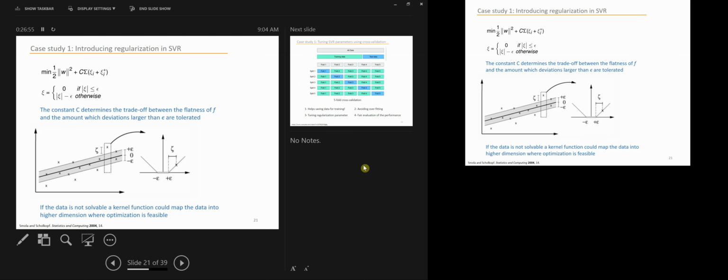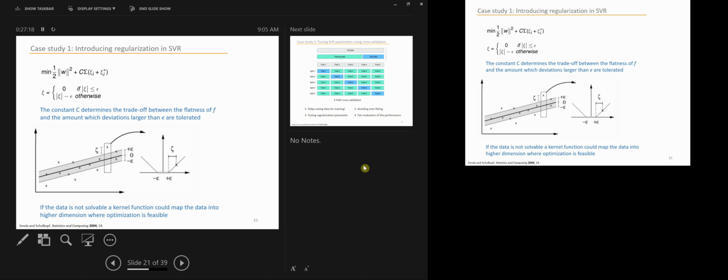The amount of slack we allow is controlled by the coefficient C, called the cost function. Basically, the cost function determines the trade-off between the flatness of function f and the amount by which deviations larger than epsilon are tolerated. Using that, we are able to carry out the optimization most of the time.